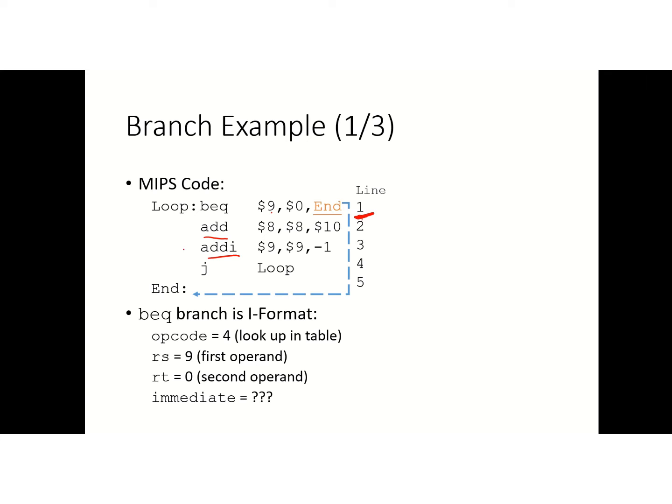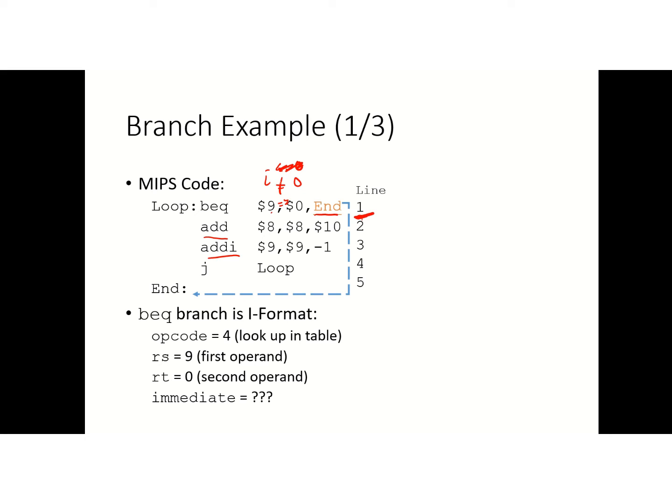After the statement, let's say BEQ, the content here is not the same as 0. Then we would not exit this loop. Sorry, if it's equal to 0, then we will exit the loop.